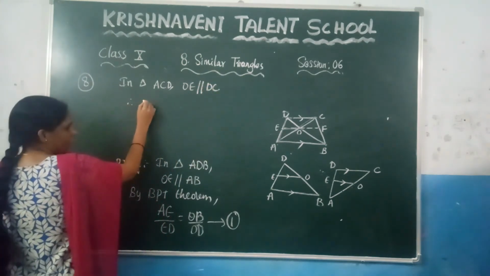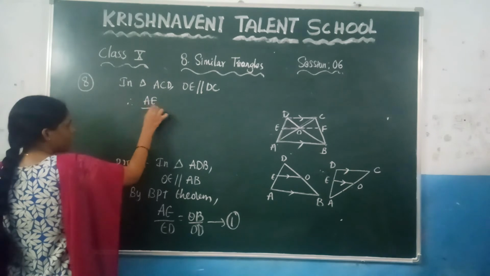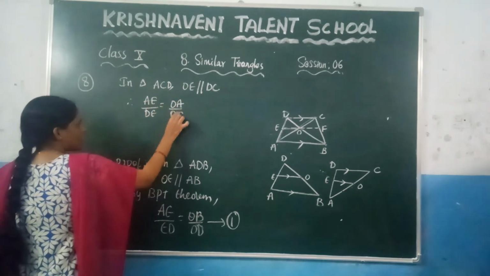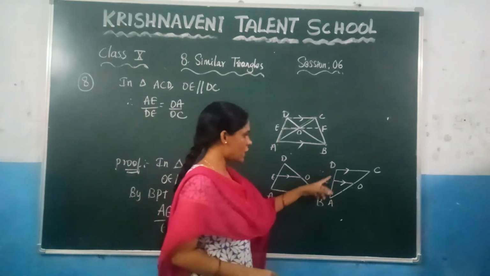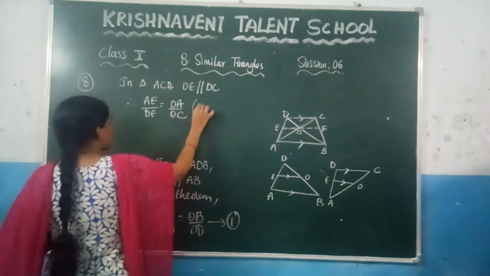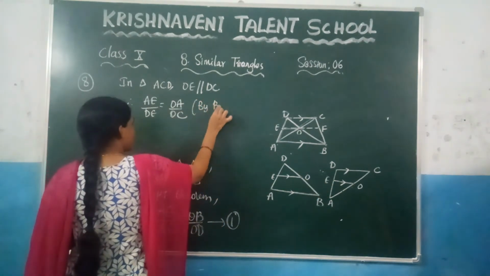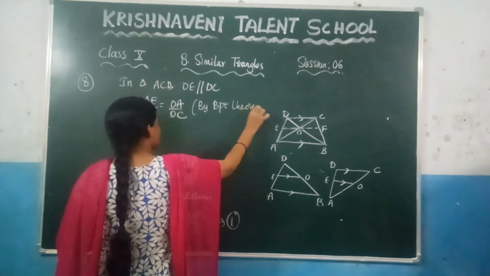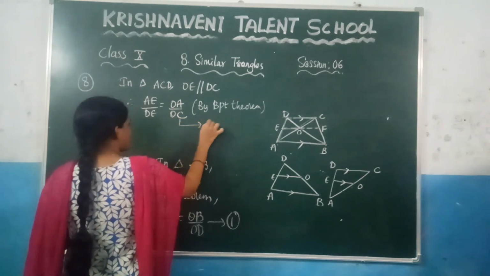Therefore you can write AE by DE is equal to OA by OC, just by the basic proportionality theorem. So write it here in brackets, by BPT theorem. Let us consider this as equation 2.